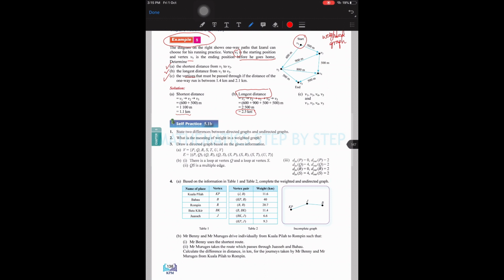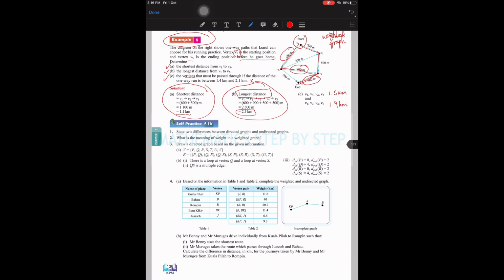Meaning not the routes that we got in A and B. So V1 to V3, V3 to V4, V4 to V5. This is one of the routes that I discussed with you just now, which is 1.5 km. Then another route, V1 to V2, V2 to V4, then V4 to V5. So 600 plus 800 plus 500 gives us 1.9 km.